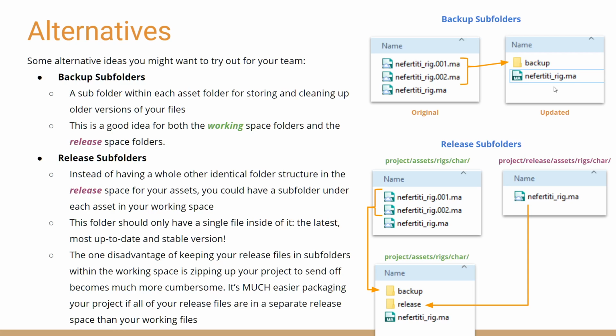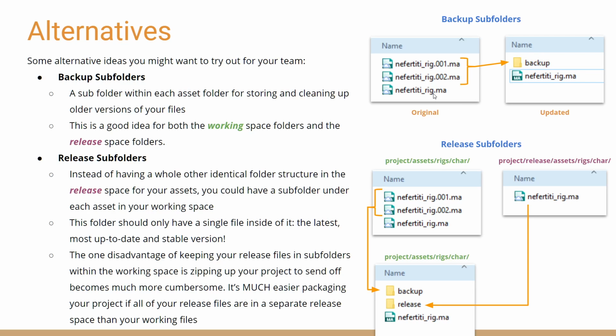This is a little bit more specific, but it's always a good idea to have your release version not have the latest version number on it, because that actually breaks the reference. Let's say I'm in the shots file and I want to bring in the Nefertiti rig with referencing. I'm looking for nefertitirig.ma. If I go ahead and save versions, it's going to increment these numbers on it.